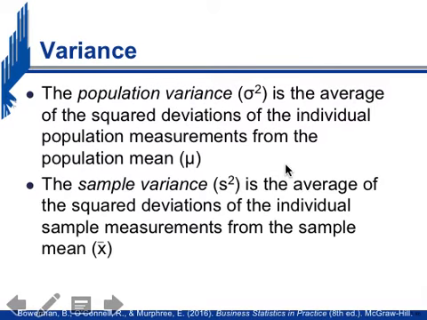So the variance is the average square deviation of the individual measurements from the average. Again, it just differs in terms of the source of the data set. So if the population is used, then the square deviation will be based on the population mean. For the sample variance, the deviations will be computed based on the sample mean.